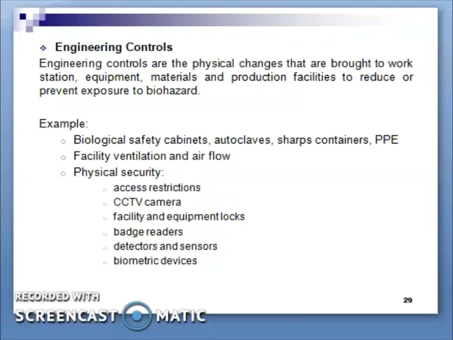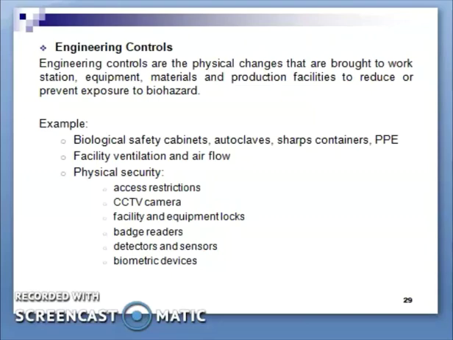For example, biological safety cabinets, autoclaves, sharps containers, personal protective equipment, facility ventilation or airflow, physical security of the facility or the lab, which includes the access restrictions, that is limited access so only authorized persons can enter these areas. Similarly, CCTV is also a physical security.